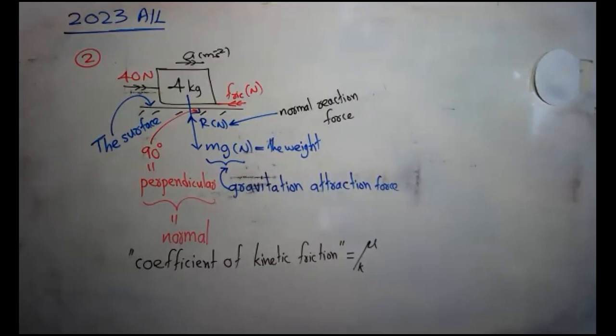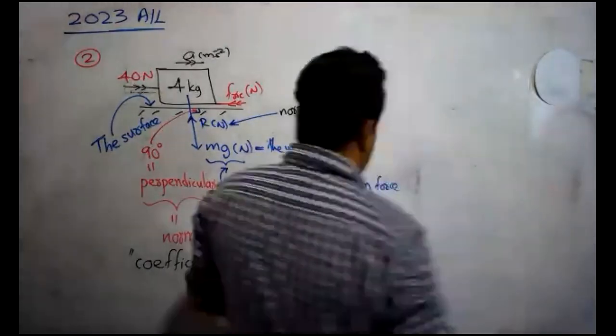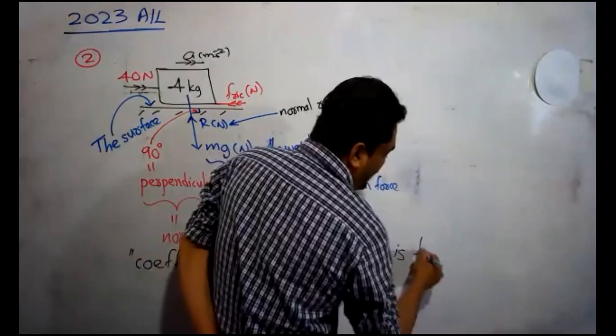Moving object. Within brackets, the coefficient of kinetic friction. Look at the board: the coefficient of kinetic friction is 1 over 4. Look at the board and write.